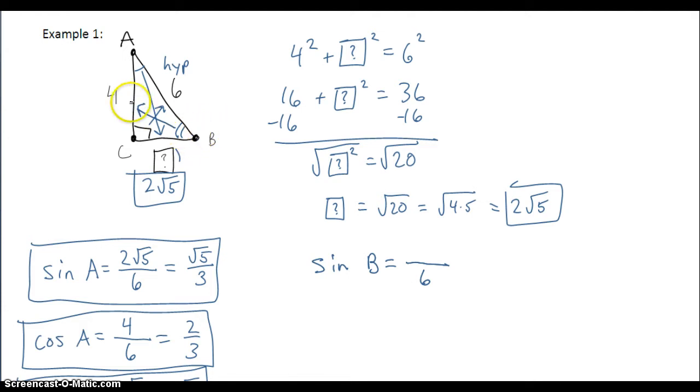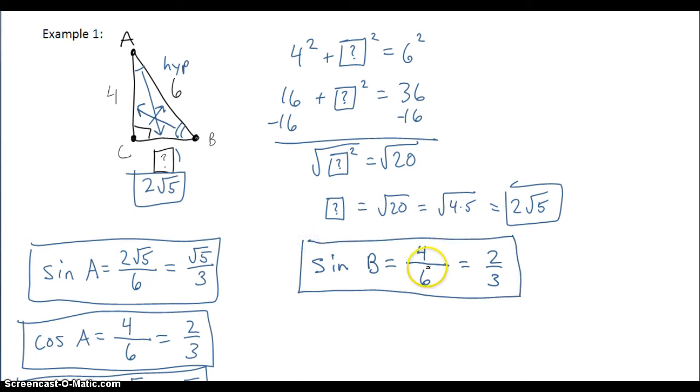Opposite of angle B is 4. 4/6 simplifies down to 2/3. So when I switch angles, my hypotenuse stays the same, my opposite and adjacent sides switch. So the sine of B is 2/3.